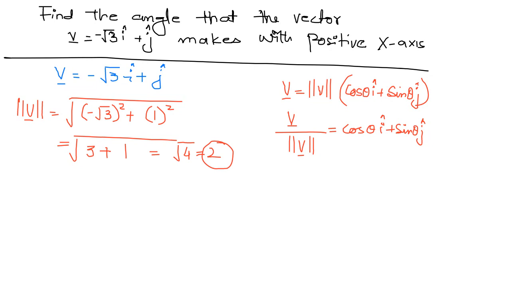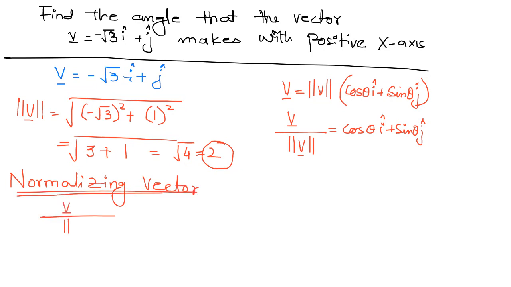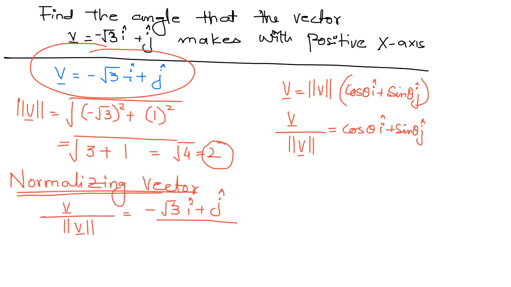Now what we have to do? We have to normalize the vector. Normalizing the vector becomes the vector divided by its magnitude, that equals minus square root of 3 i plus j, divided by 2.